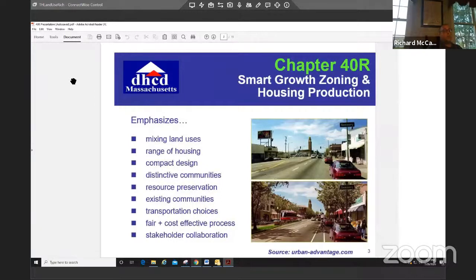As we've been going through our work with the B-1, thus far we've approached the design guidelines as guidelines, whereas if we were to give consideration to a 40R district, we would incorporate them into the district itself, so they would have more weight and teeth as opposed to just guidelines.